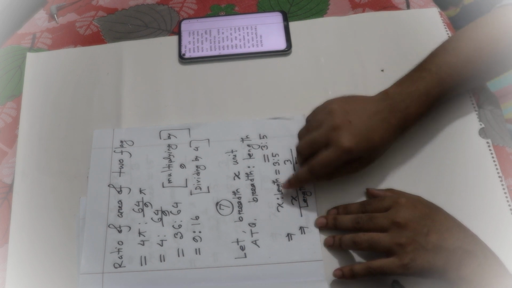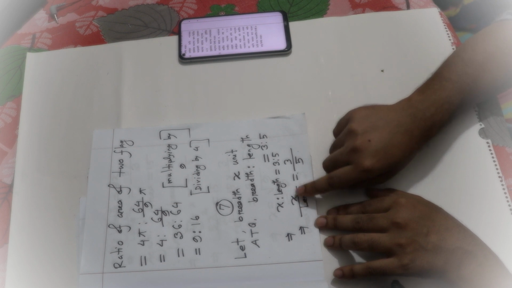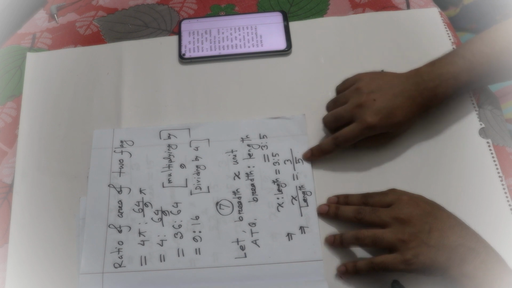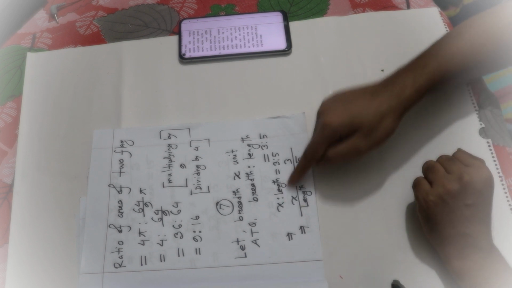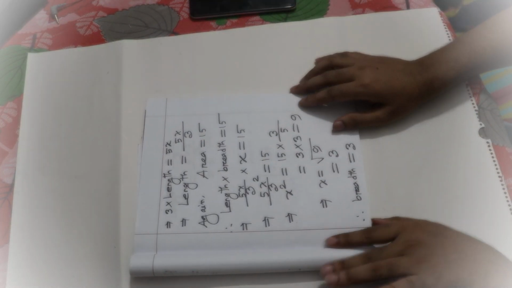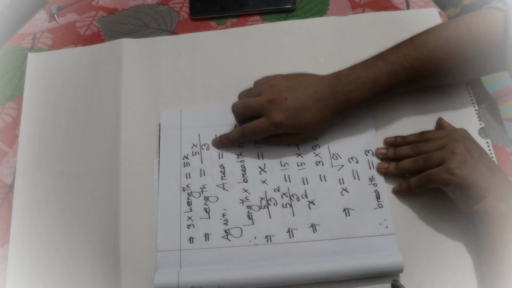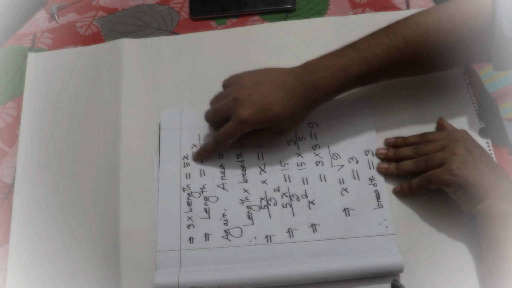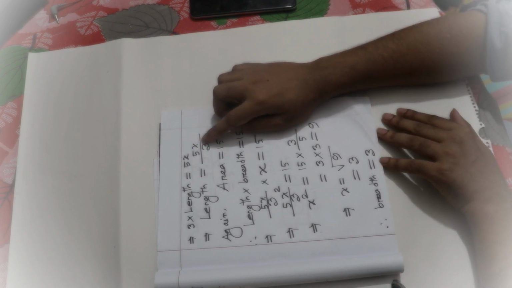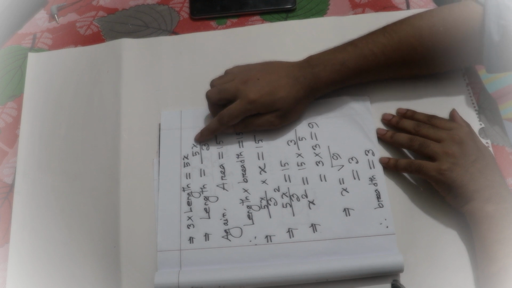You replace the ratio sign by a division sign. x divided by length equals 3 divided by 5. Now do cross multiply. After doing cross multiply, we get length equals 5x by 3. So 5x by 3 is the length expressed in terms of breadth.